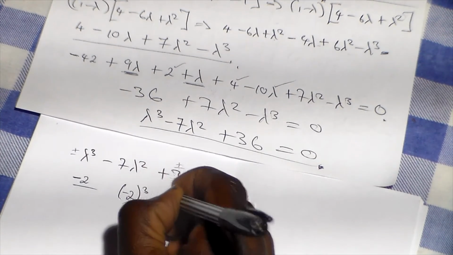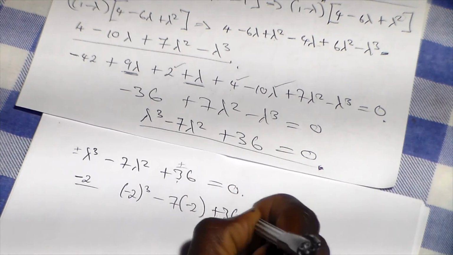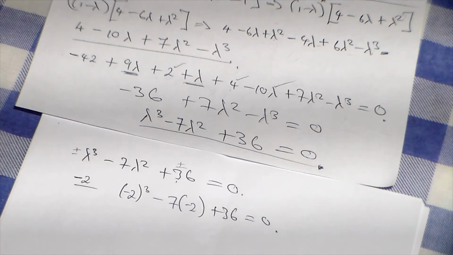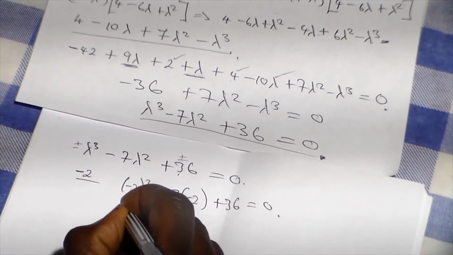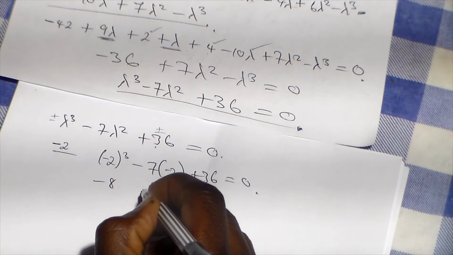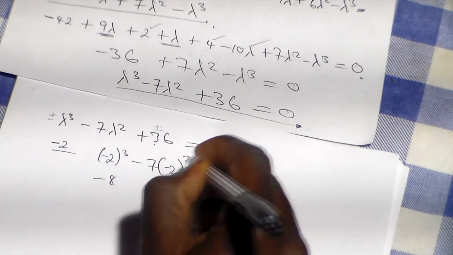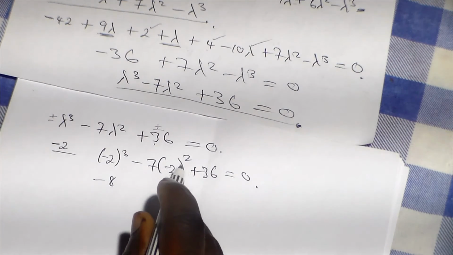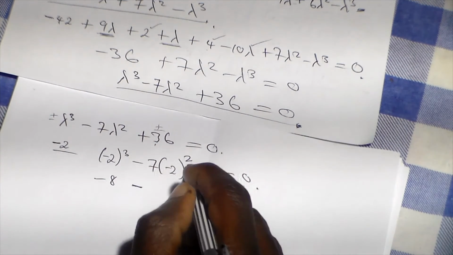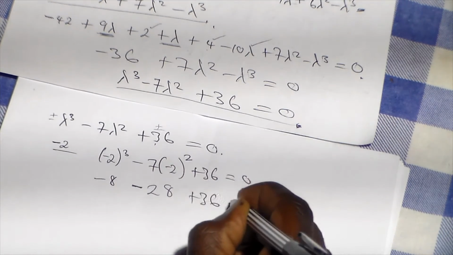Minus 2 cubed, minus 7 times minus 2 squared, plus 36. Here I'm getting negative 8, then negative 28 plus 36.